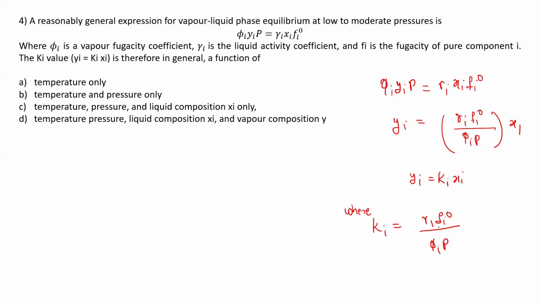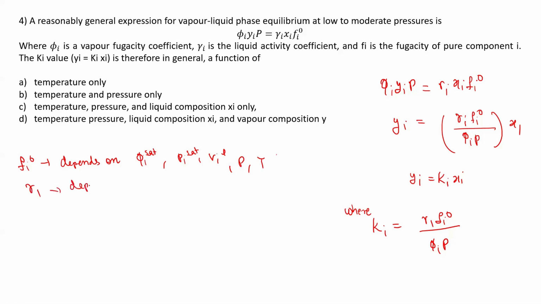Here, fi naught depends on phi i sat, vi sat, vi liquid, P, R, T. So it depends on everything. It depends on these PVT. The one more term is gamma i.